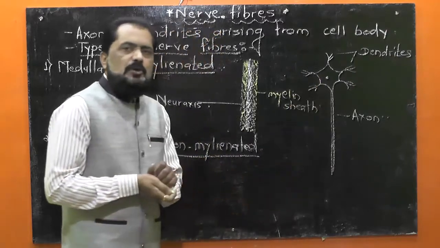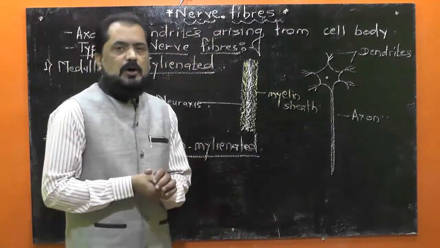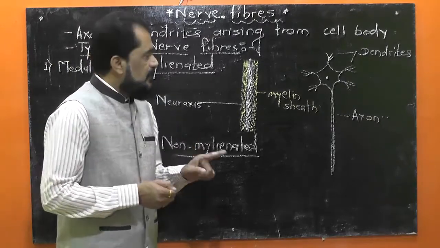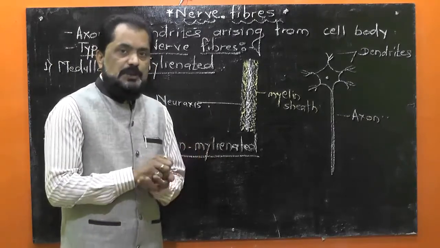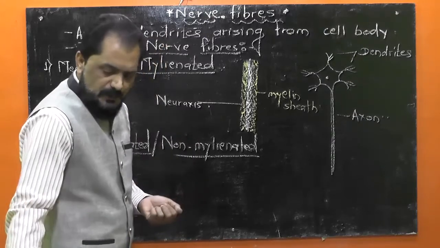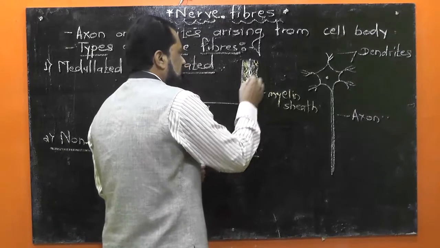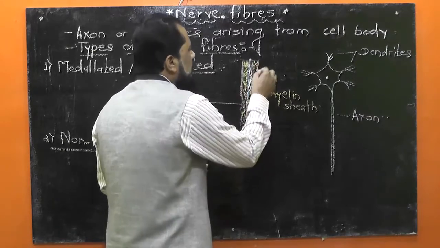This myelin sheath or medullary sheath is formed of lipids and proteins, and this myelin sheath, medullary sheath, is further covered by means of another sheath, another covering, that is nothing but the neurilemma.